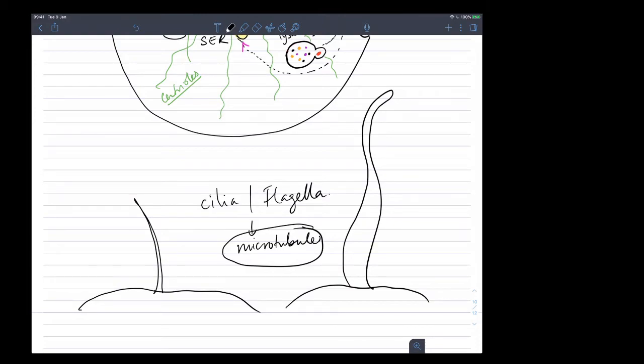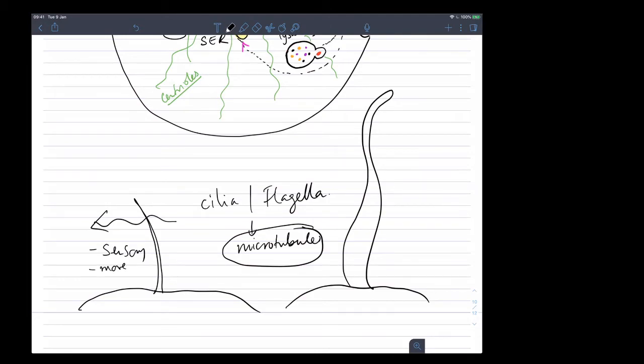Okay, now while cilia are involved mainly in moving liquid across the cell, such as you might find in the epithelium of the lungs, they also have a sensory function, right? So they have sensory and they move fluid.